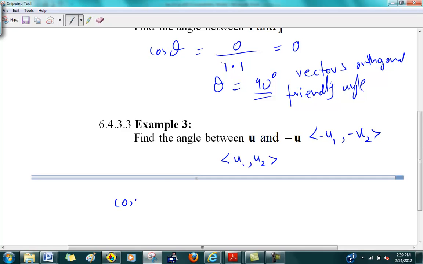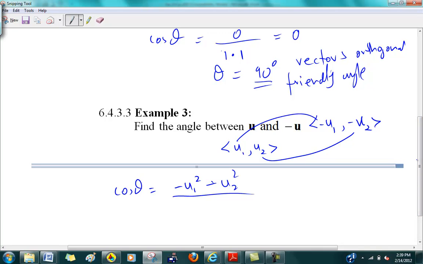So then cosine theta is going to be the dot product, so it's going to be minus u1 squared, this times this, plus or minus u2 squared, this times this, all over the magnitude of u. Okay, and the magnitude of u is going to be square root of u1 squared plus u2 squared.